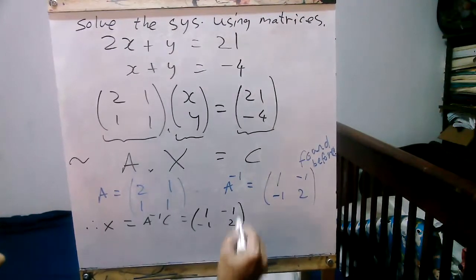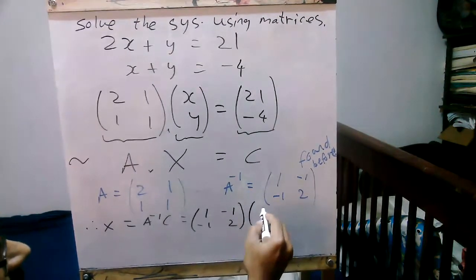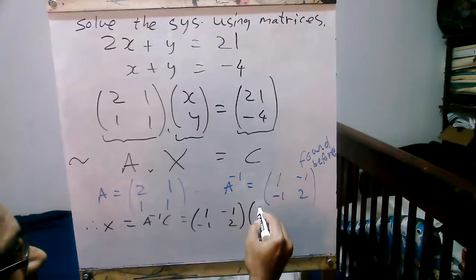This is A inverse C, which is 21, negative 4.